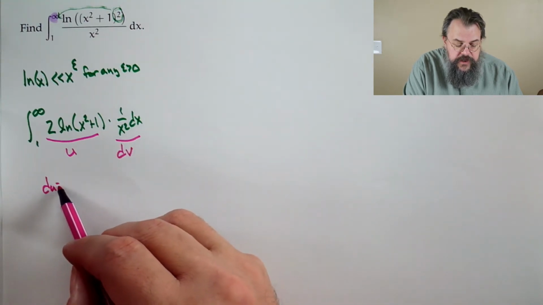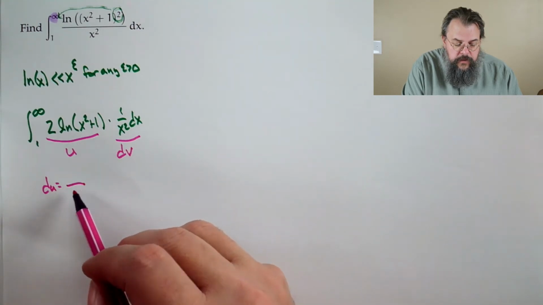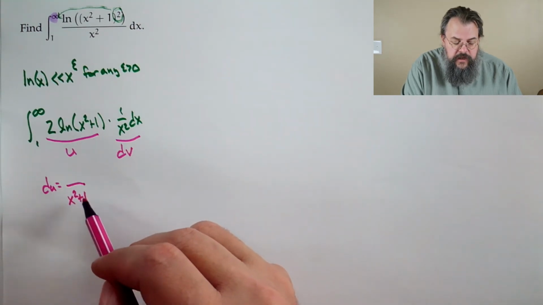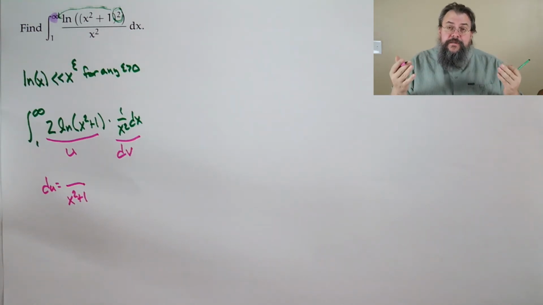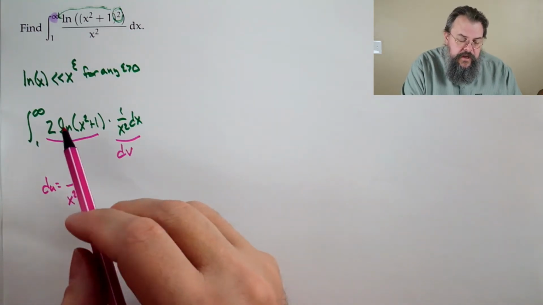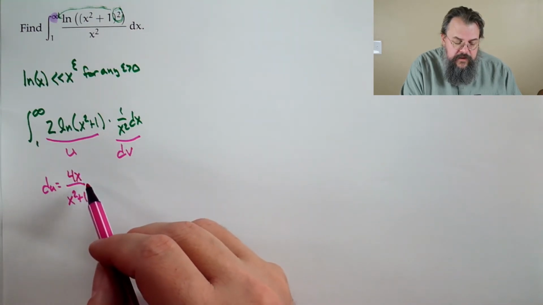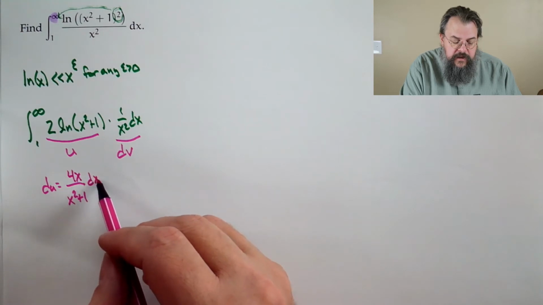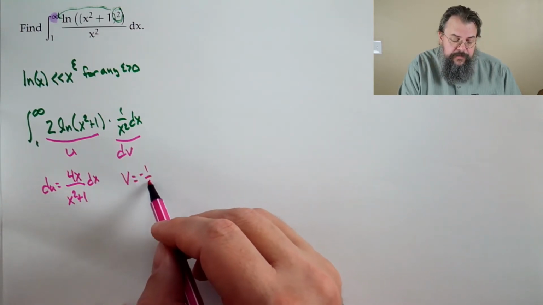So the differentiation, well, we're going to have x squared plus 1 downstairs. The derivative of a natural log of something is 1 over the something. Then you put the derivative of the inside on the top, which is 2x, don't forget the times 2. That makes it 4x, and dx. The integral of 1 over x squared is negative 1 over x.